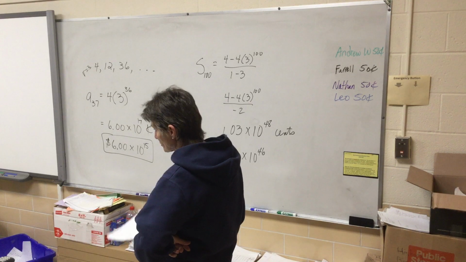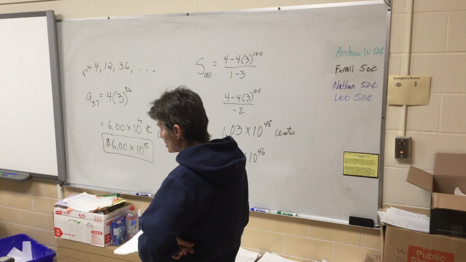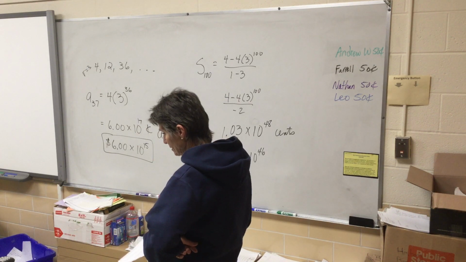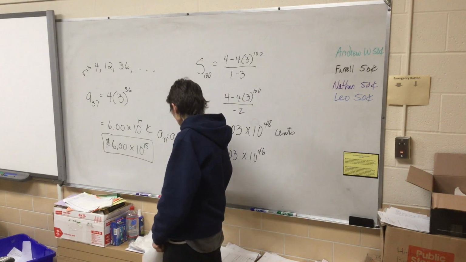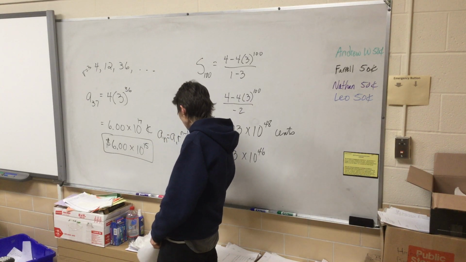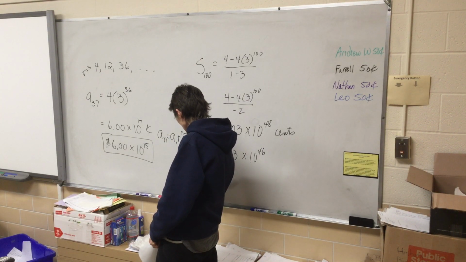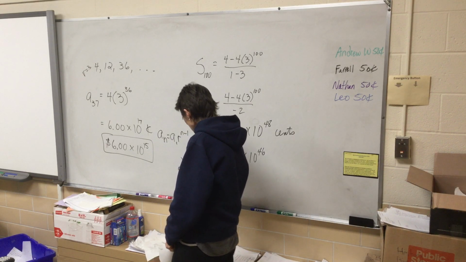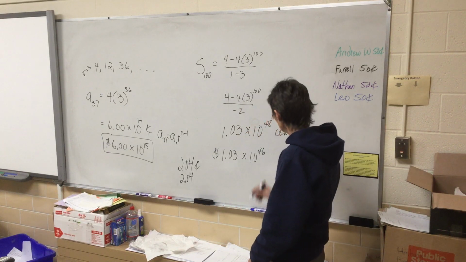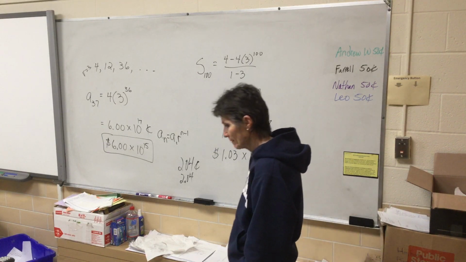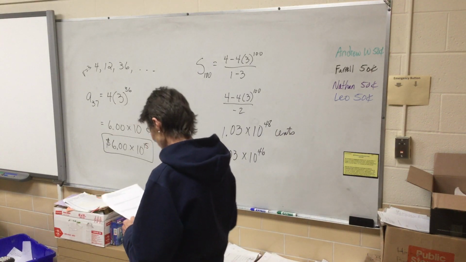There's 100 cents in a dollar, so I'm dividing by 100. If I had 204 cents, that's $2.04. I move the decimal point 2 places, which changes the exponent. Okay, thank you.